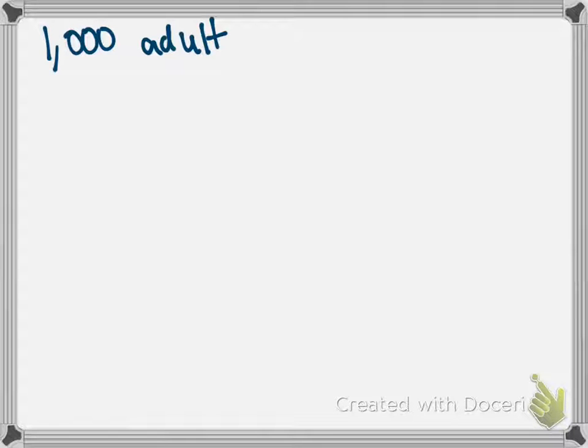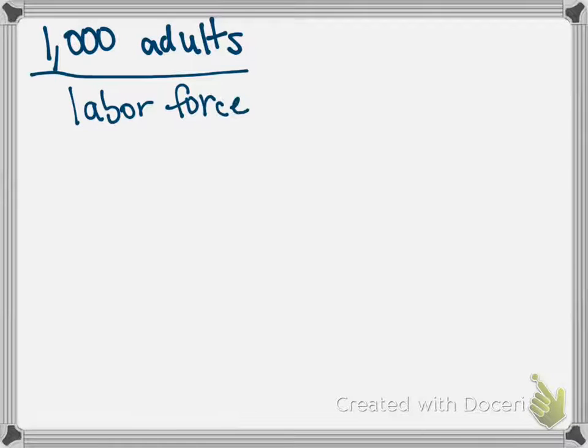Then we're given some more information about the adults in this economy. The important thing here, in order to do the next two problems, is to differentiate between which groups are a part of our labor force and which are not. The problem lists 150 retirees.